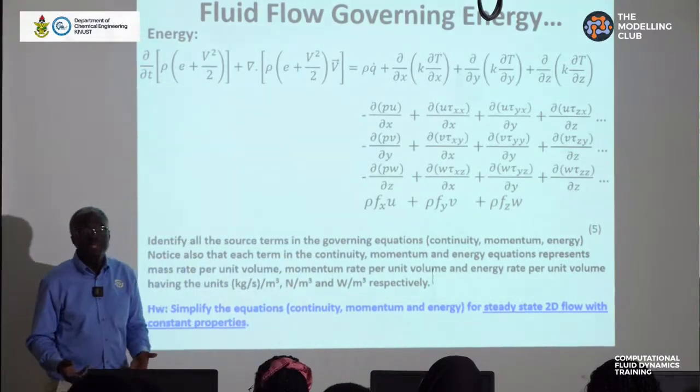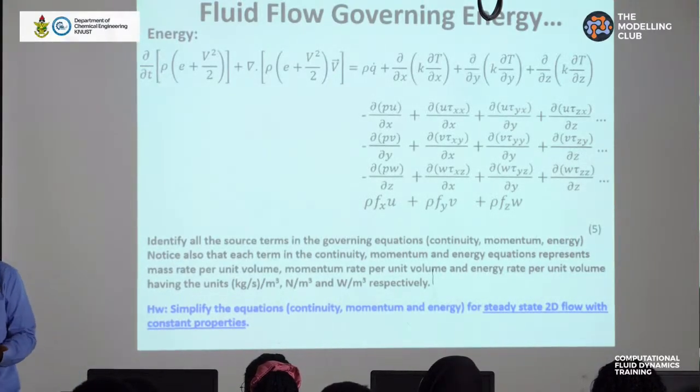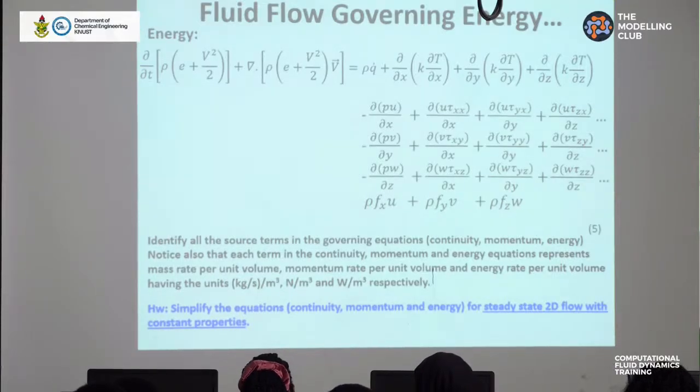What does that mean? That means it's an internal energy generation term. That internal energy generation term could be an exothermic reaction or an endothermic reaction that can add heat or remove heat from the system. And that is how you account for those terms in the equation.